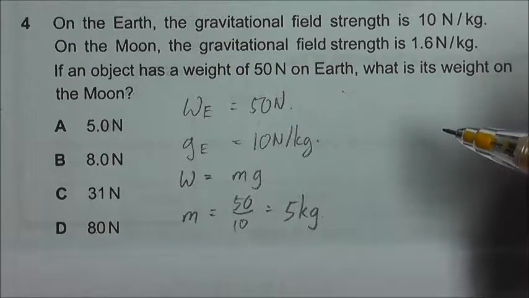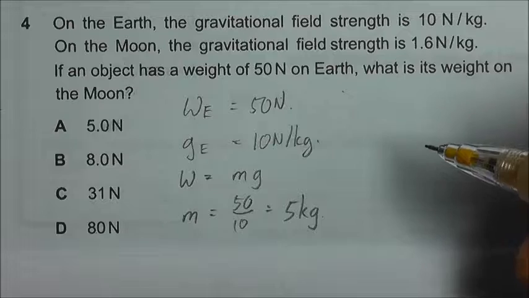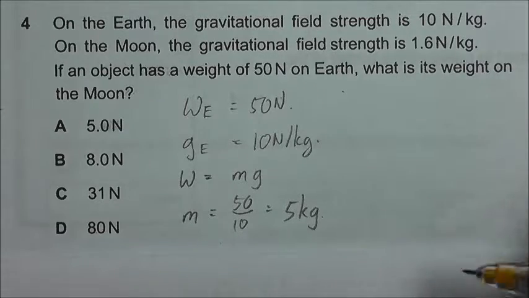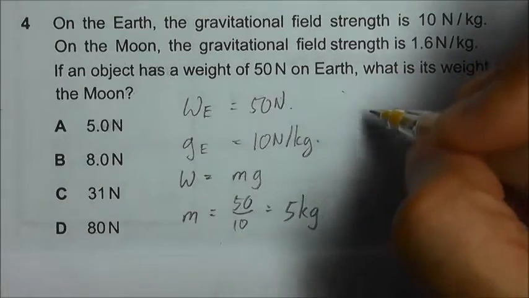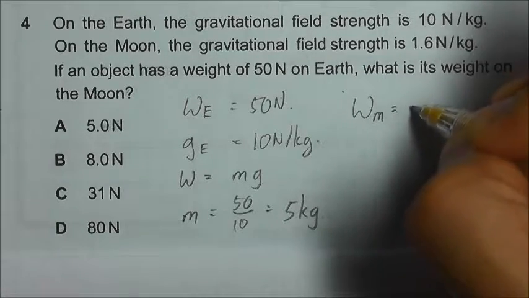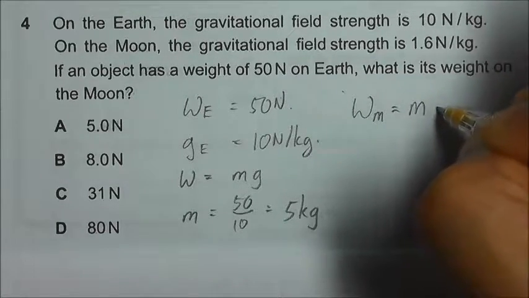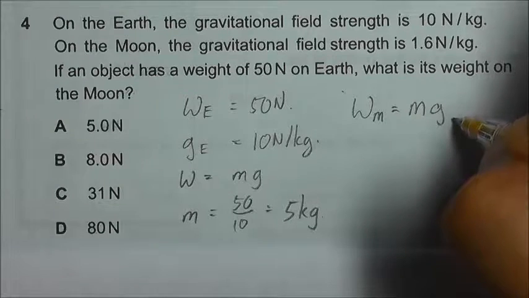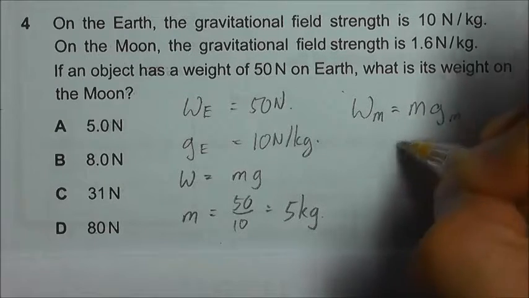Because mass is the amount of substance in the body and it doesn't change when there is a change in planet. So we can calculate the weight on the moon is equal to the mass times gravitational field strength of the moon.